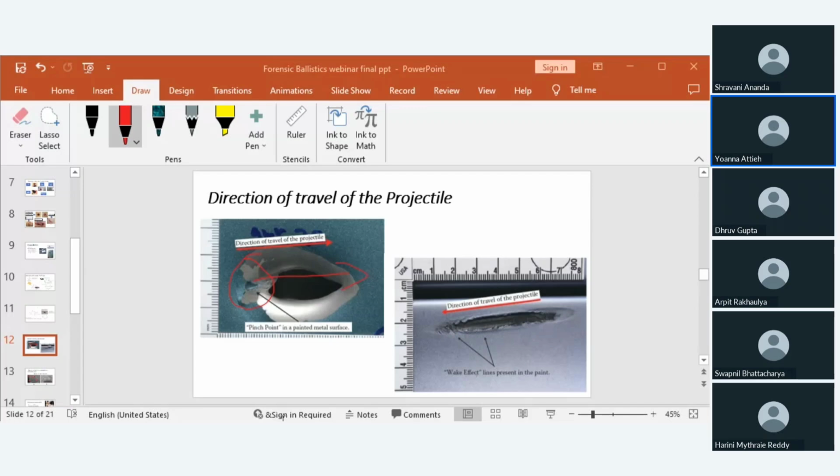So this can provide further insight into the bullet trajectories. So as we said, this is the wake effect, guys, as you can see here. For the drawing. Okay, so also the wake effect helps us in determining the direction of travel of the projectile.